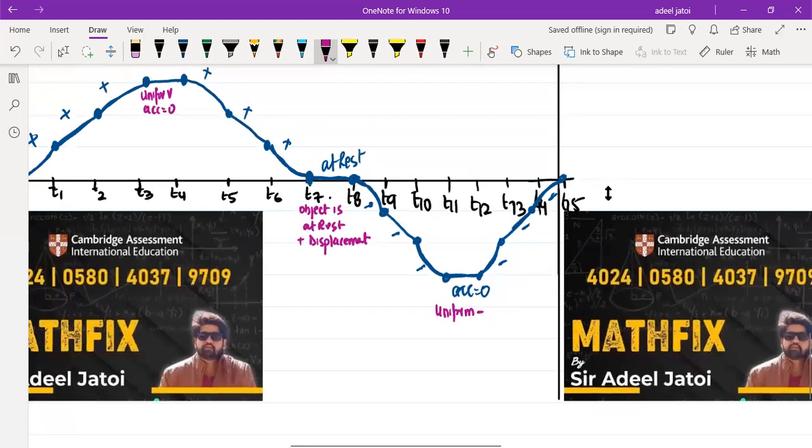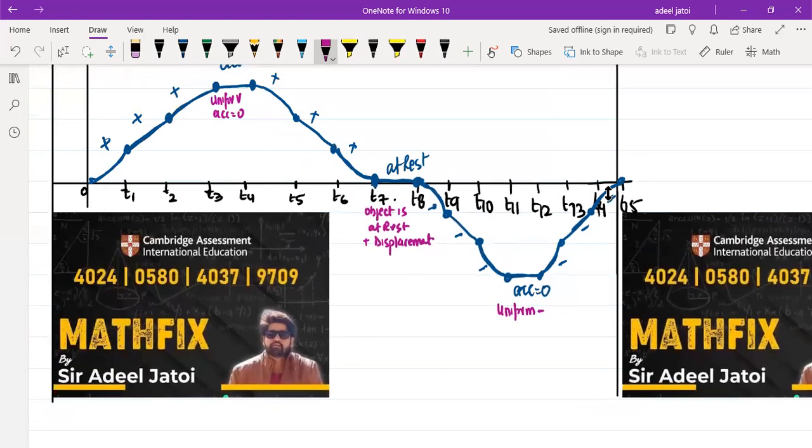So already you know this is increasing acceleration, this is uniform acceleration, this is decreasing acceleration, then this is increasing deceleration.